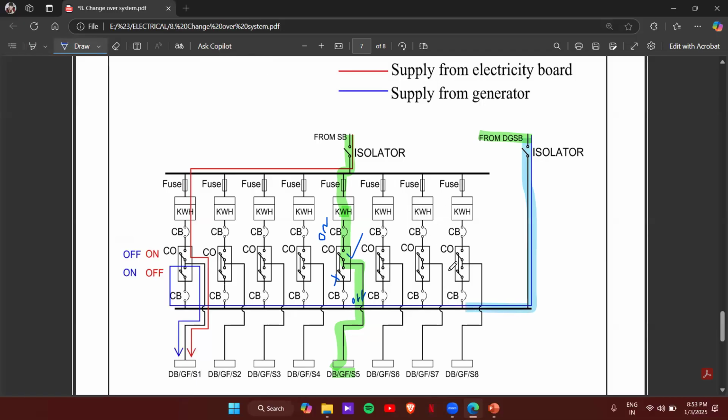In this case, the bottom circuit breaker will be on and the top one off. The first contactor will be off and the second contactor on. So the power supply will go like this to the panel here. That's how the normal condition works and how it supplies through the backup condition as well.